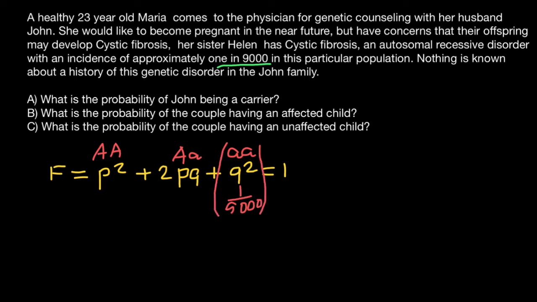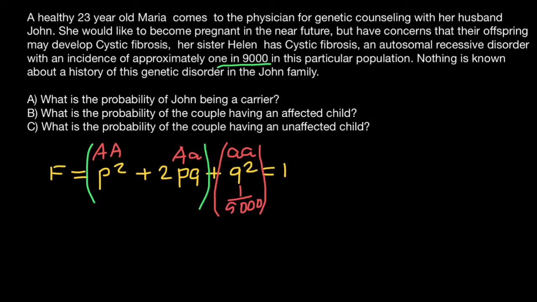So I would put in red parentheses to specify that this part of the formula stands for the frequency of the people with this genetic disorder, and that means that the rest, which would be homozygous dominant and heterozygous, would show normal phenotype.